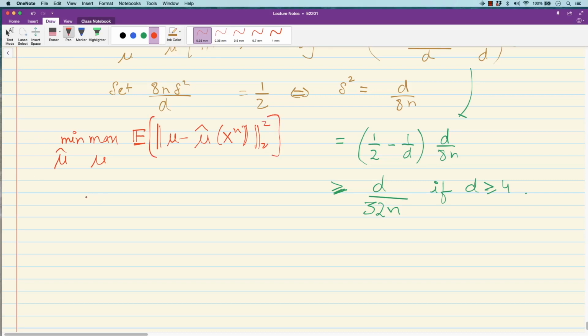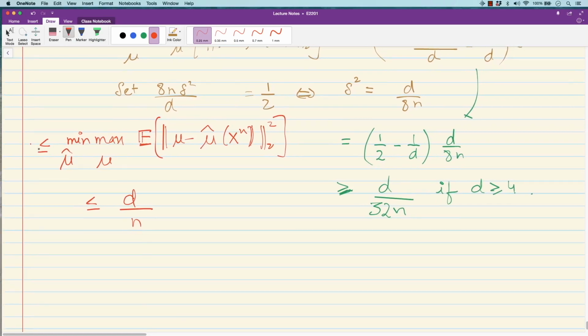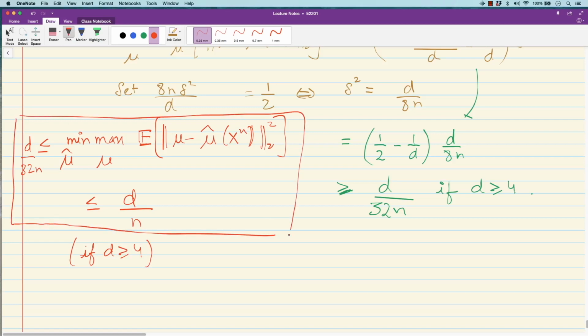We earlier saw that this was less than d by n, and now we are claiming that this is greater than d by 32n, if of course d is greater than 4, but that's fine, we're looking at the large dimension case here. So we have a very tight handle on this, just tight up to some small constant. Roughly, if you want to make this error smaller than let's say 1 by 10,000, you need roughly 10,000 d samples.